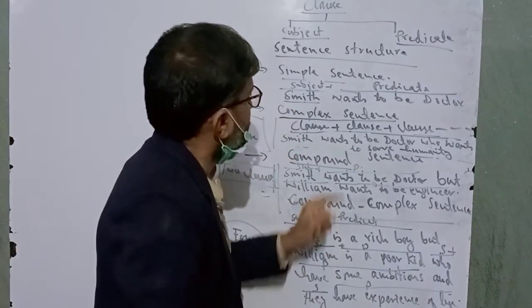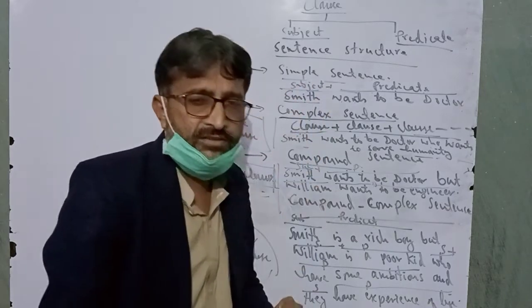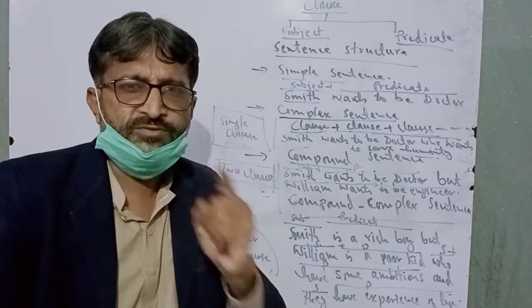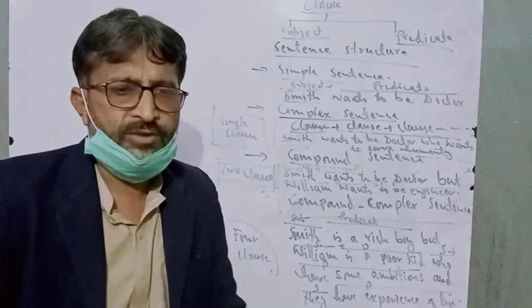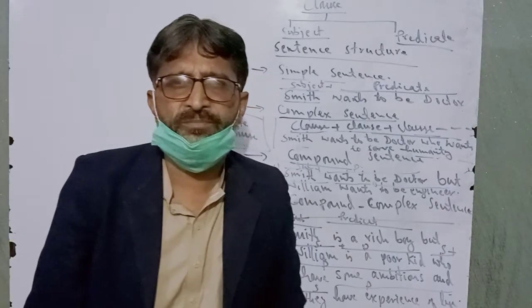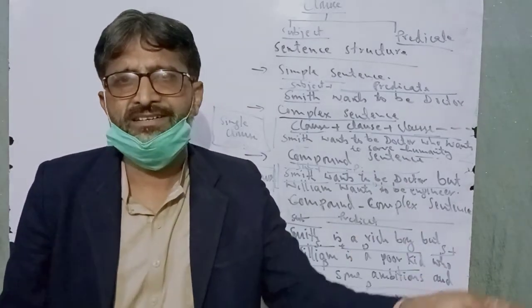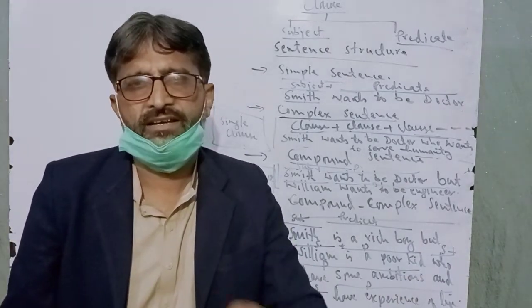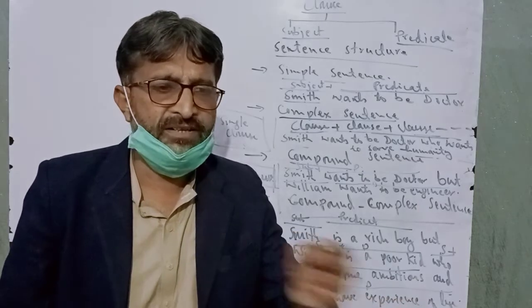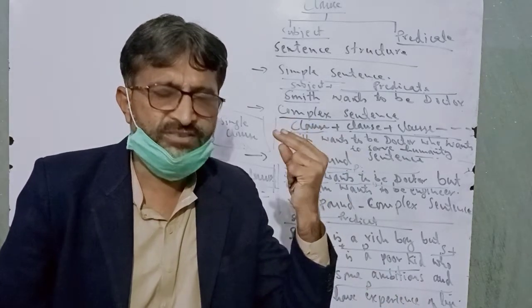Suppose we say Smith wants to be an engineer. Suppose we say Smith wants to be an officer. Suppose we say Smith wants to be a businessman. It means the predicate has other dimensions. Predicates tell something about the subject.